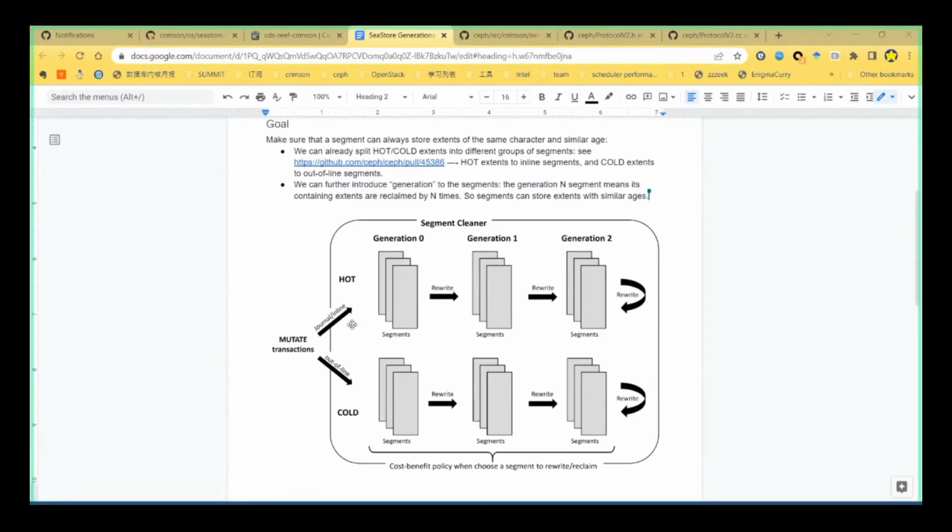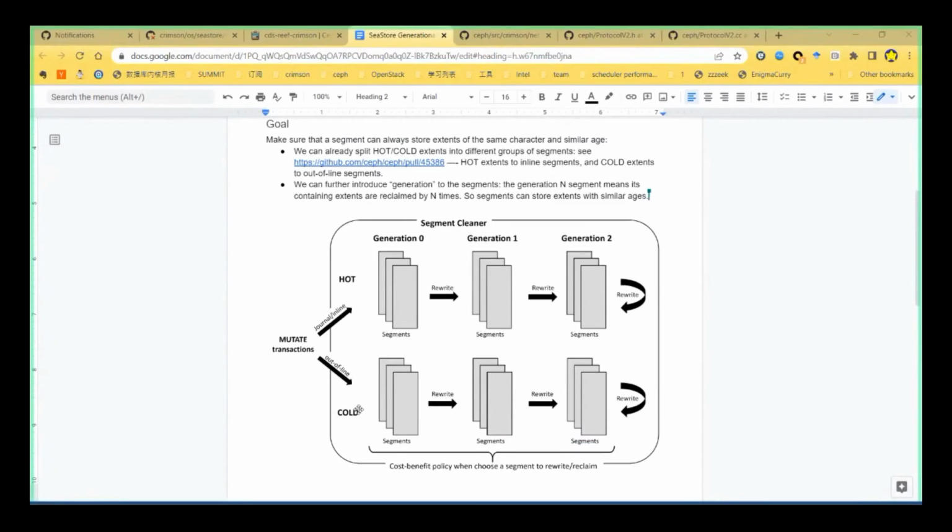Well, the current thinking is that hot and cold are the character of the type of the extent. So it may be better named metadata or data. It is a logical character of the extent. It may not make sense to name it hot or cold.